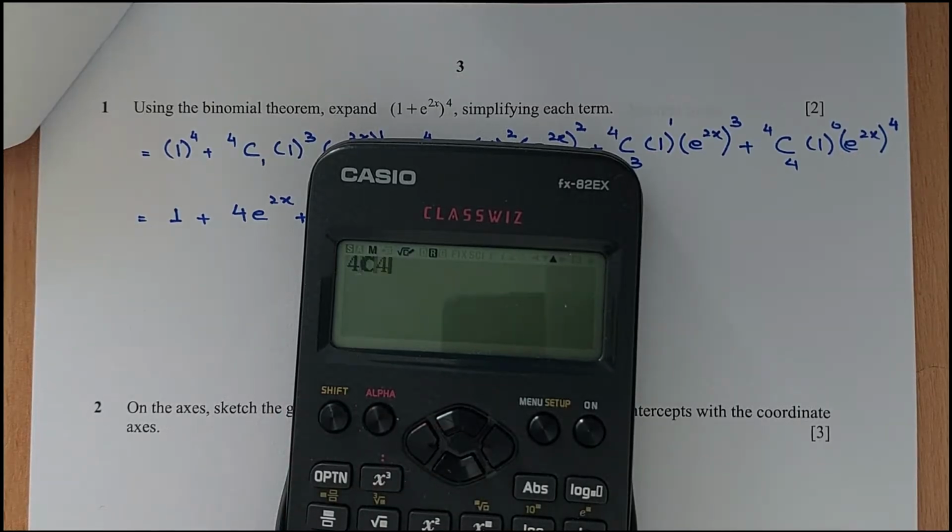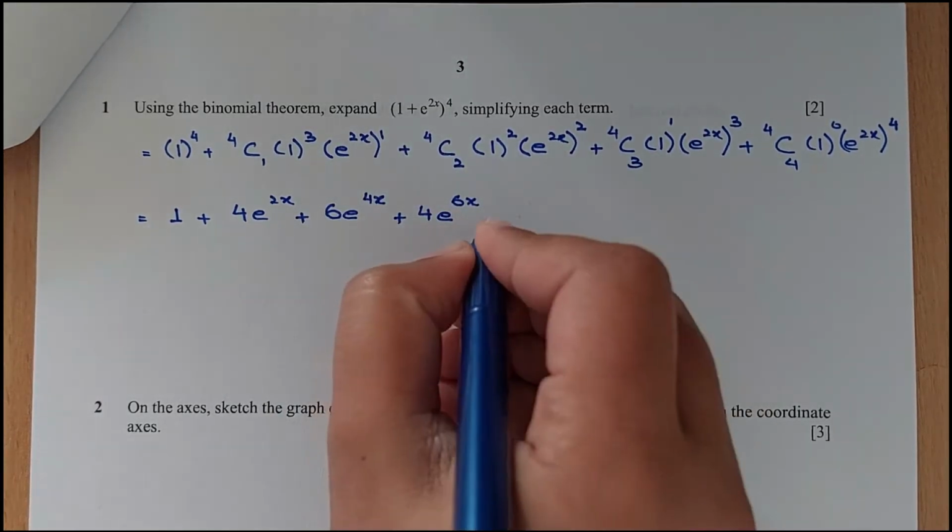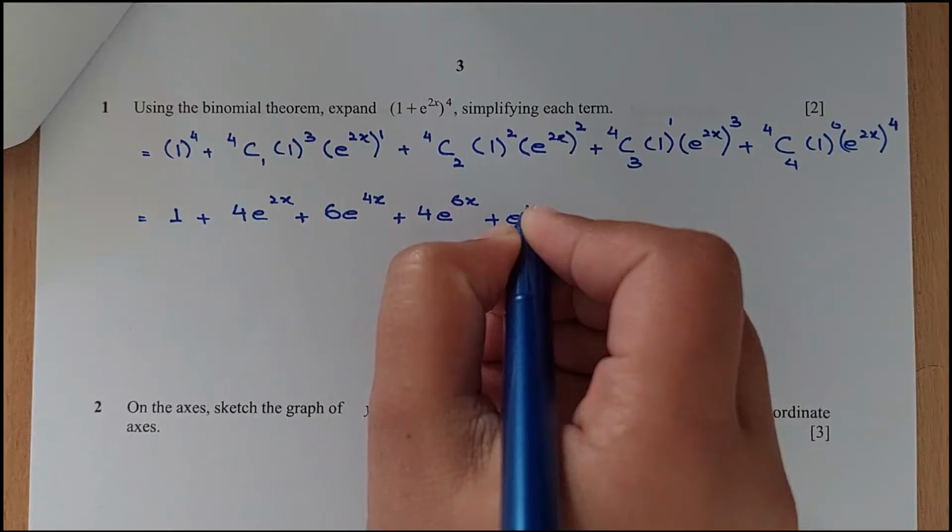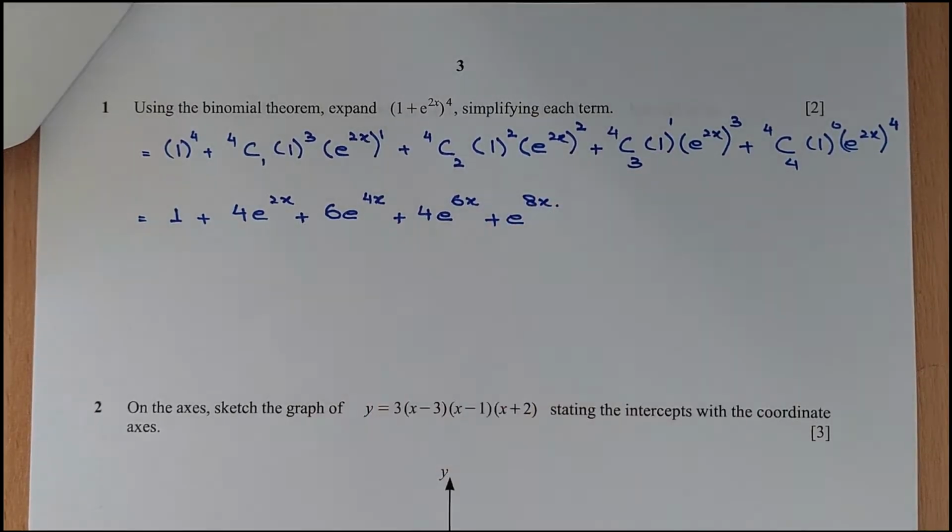Let me check. 4C4 is 1. Yes, so we have plus e power 4 times 2 is 8x.